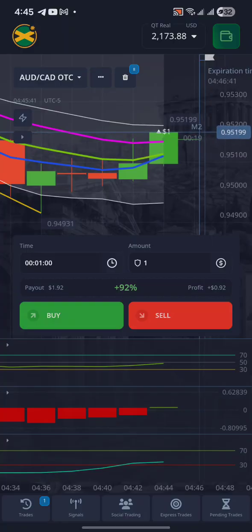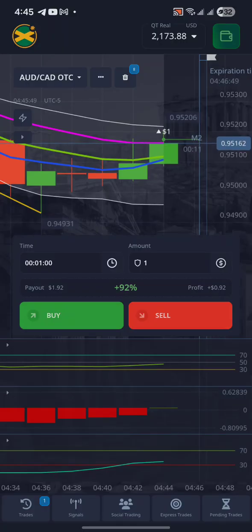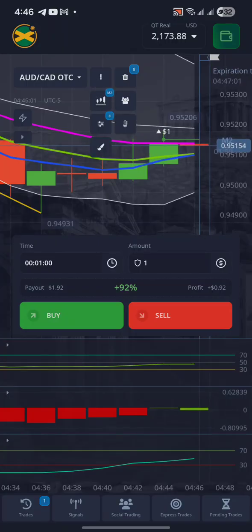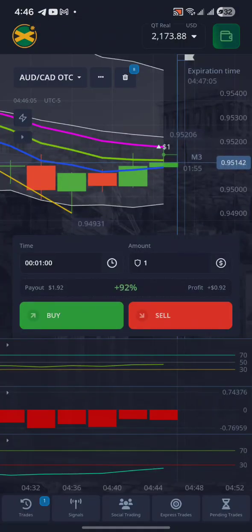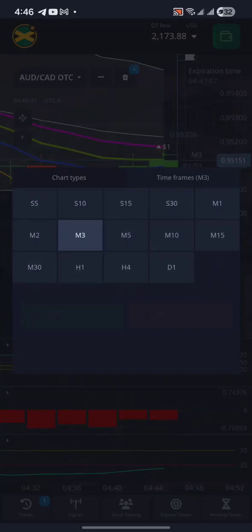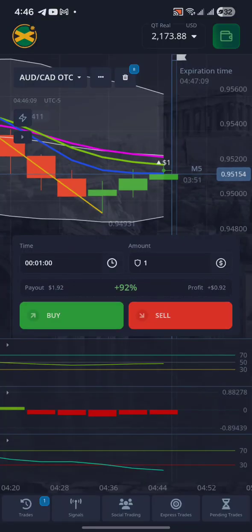This is one strategy we used to use a long time, but I never really use it no more. As I said, the more I trade, the more I start understanding how it works. So this is going to be the next stick figure. 3 minutes I get for them yet. 5 minutes I get for them yet.